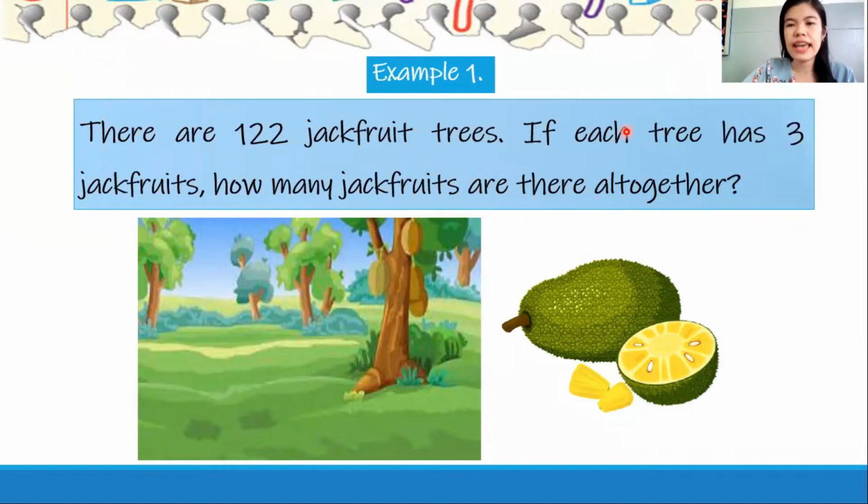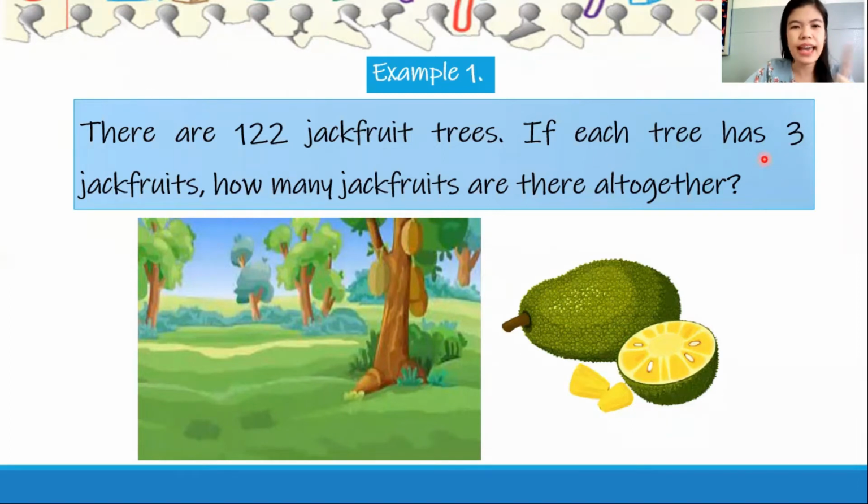Next, if each tree has 3 jackfruits, what does that mean? One tree has 3 jackfruits. That's right.